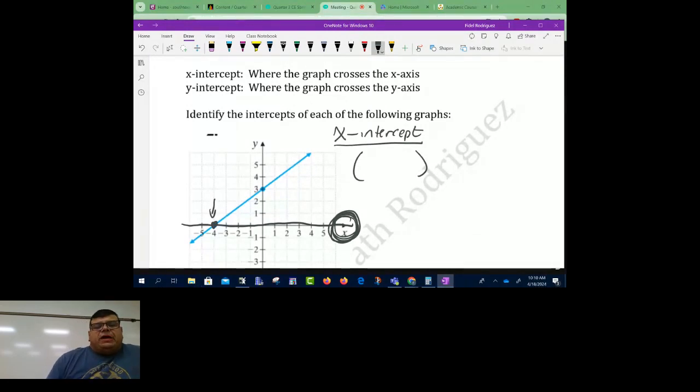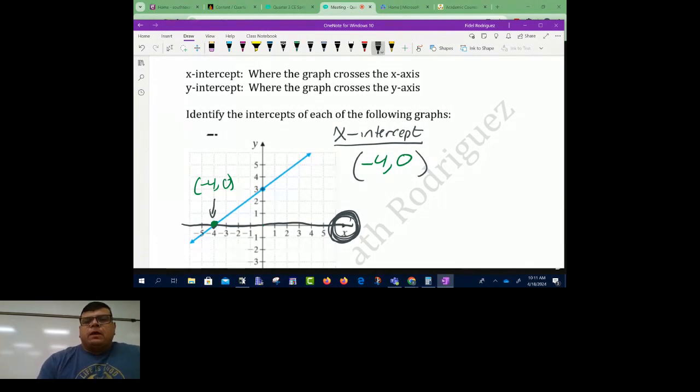Remember when we plot points, we always start at the middle, and we go left or right, and the second number tells me whether I go up or down. From the middle, we went to -4. Since we didn't go up or down, that number is 0. So my x-intercept is the point (-4, 0).